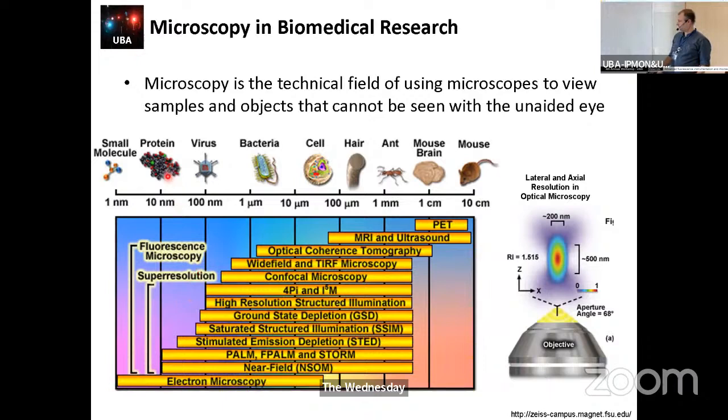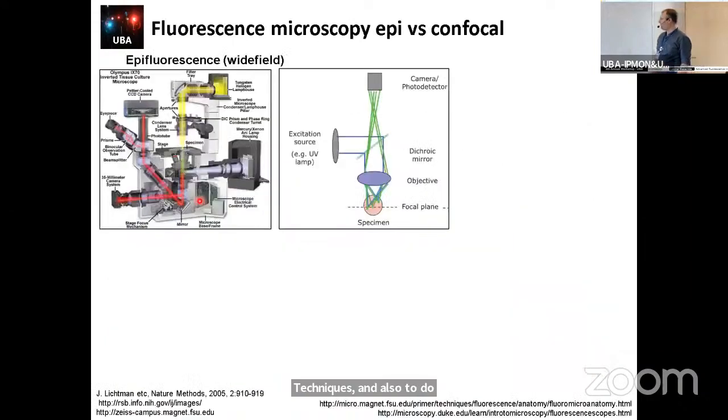Between today and tomorrow, we will be using mainly confocal and multiphoton microscopes to do fluorescence correlation techniques, and also to do FLIM and spectral imaging. An epifluorescent microscope needs basically a few parts, in particular a source of light.